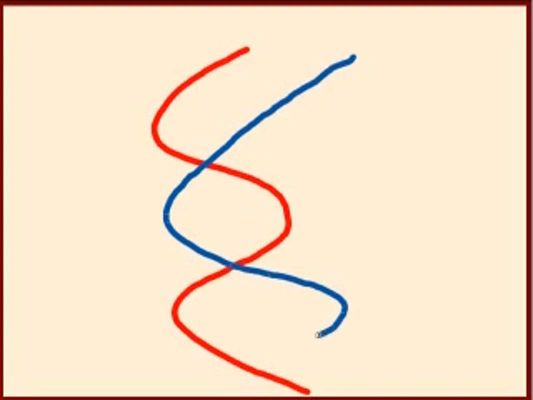Okay, that's one strand of DNA, and let's draw a second strand of DNA. Now on DNA there are nucleotides, and there are 4 nucleotides. I'm going to make this really simple here.